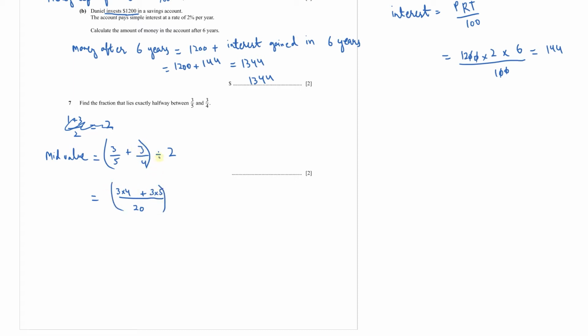And then I can change this division sign into multiplication and take the reciprocal, so 1 by 2. So 12 plus 15 divided by 20 into 1 by 2, and 15 plus 12 would be 27 by 20 into 1 by 2, and then this becomes equal to 27 over 40. So your answer here is 27/40.